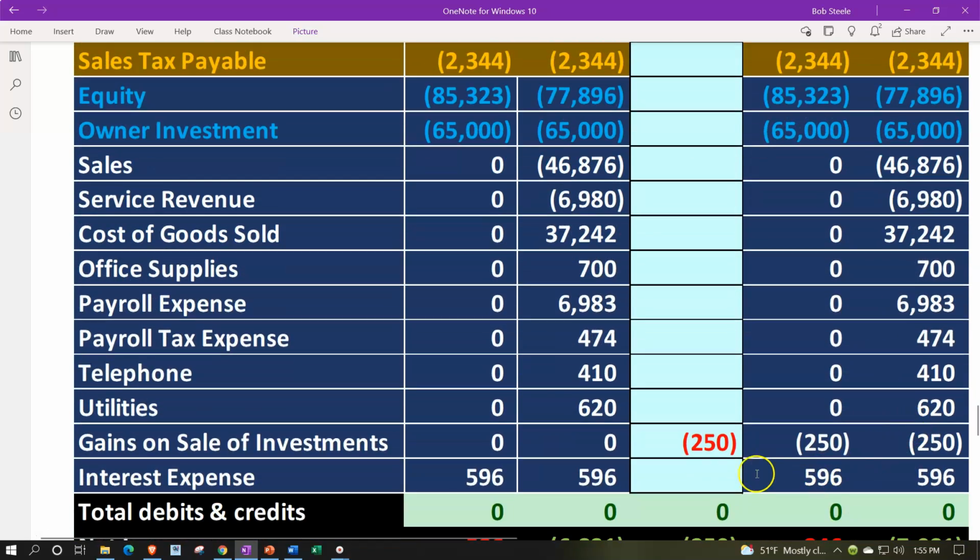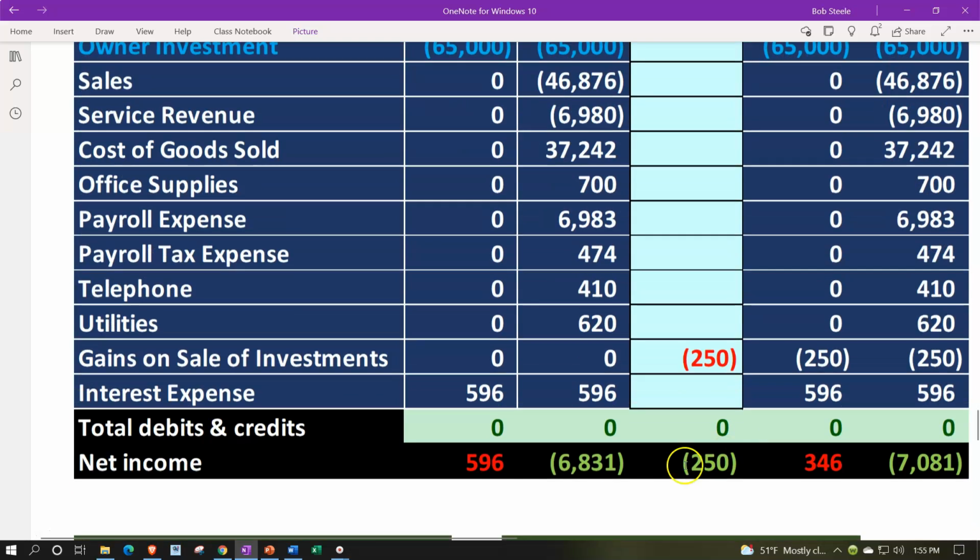And then down below, we've got the $250 gain, which is going to be an increase because it's a credit, so it's going to be income. If I look at the current month, we only had the interest expense before, so we had a loss. Now we've got the $250 income, so we still have a loss, of $346. We had the $6,831 net income on the year-to-date numbers.